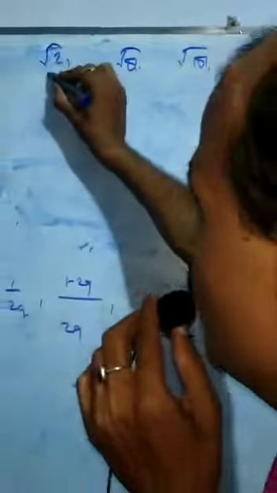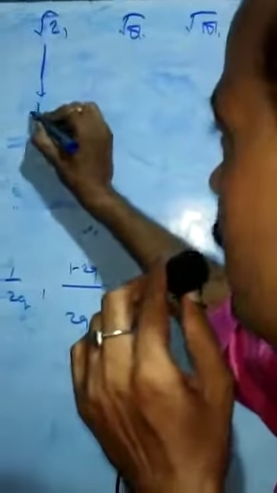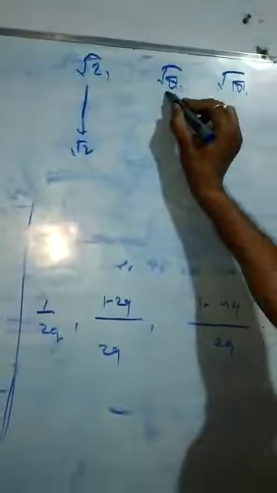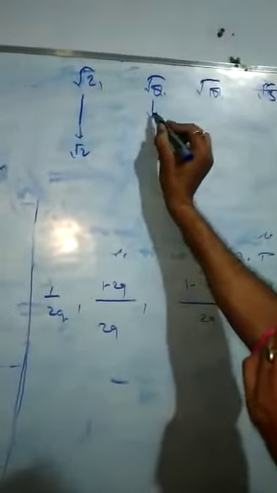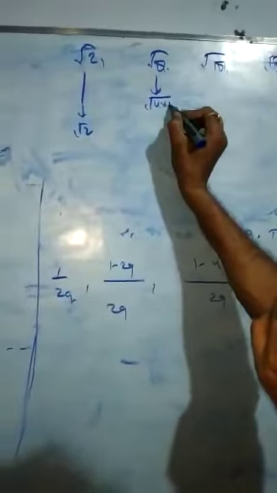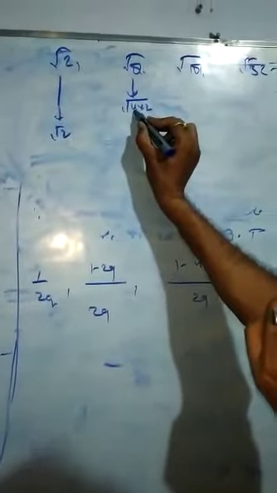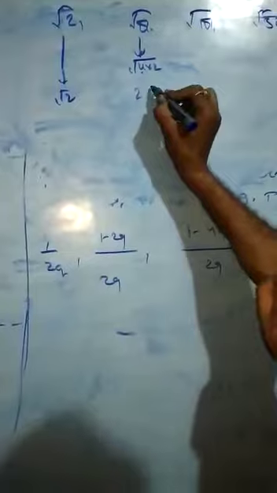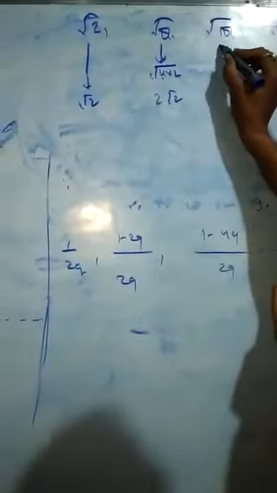Now again, we will get the values. The first is root 2. Root 8, we factorize 8: 8 becomes 4 into 2. The square root of 4 is 2. It becomes 2 root 2.